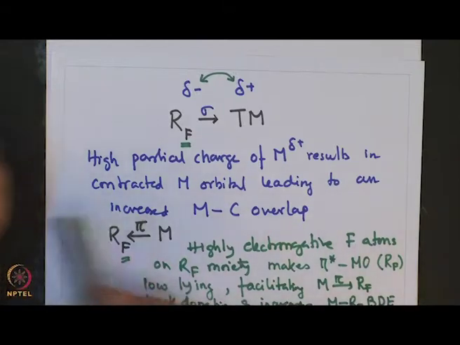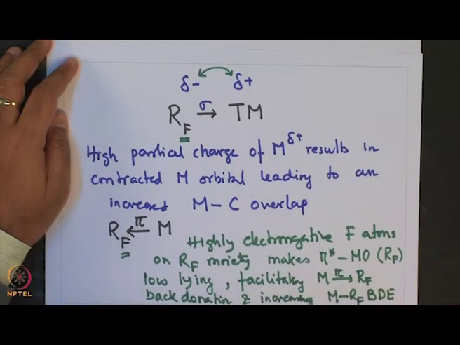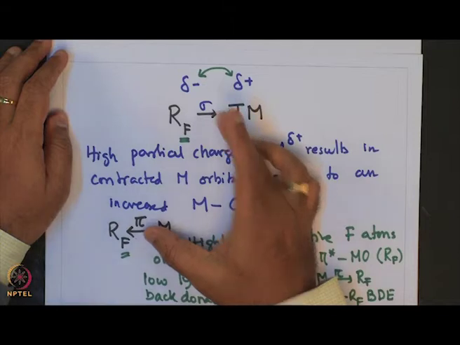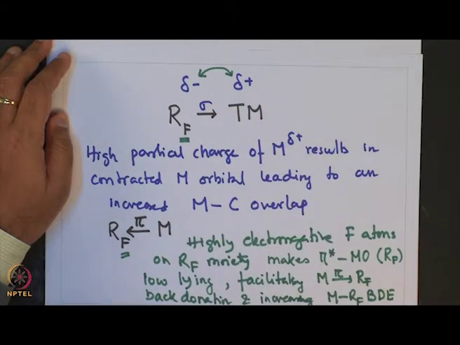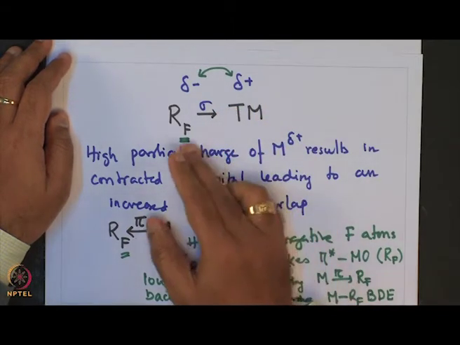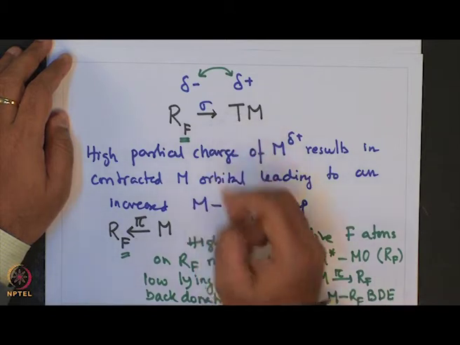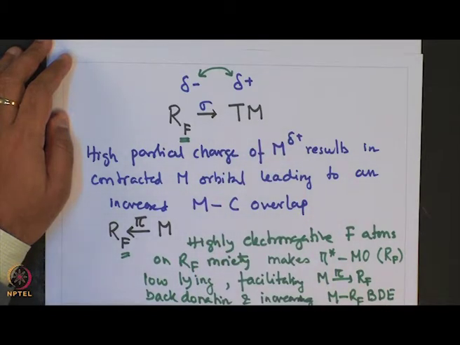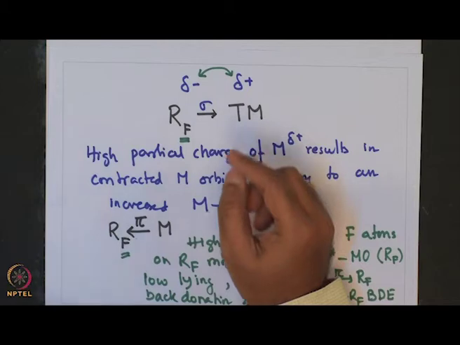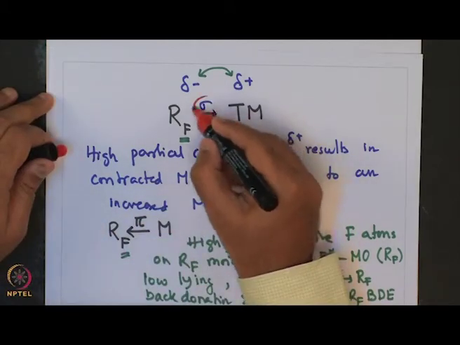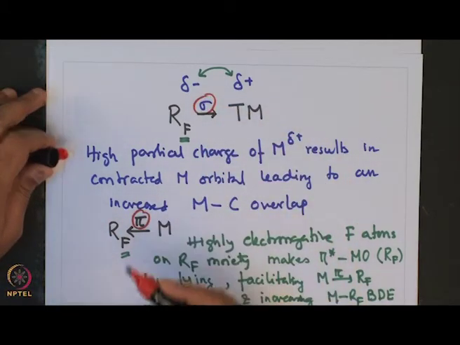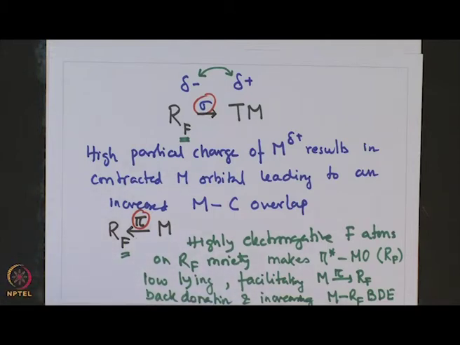So, what comes to the fore is that the greater stability of the RF transition metal arises because of the greater polarity of the bond, and that affects both the sigma bond as well as the pi bond in the same direction.